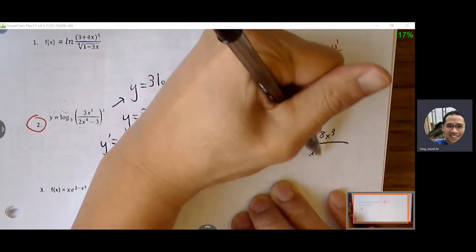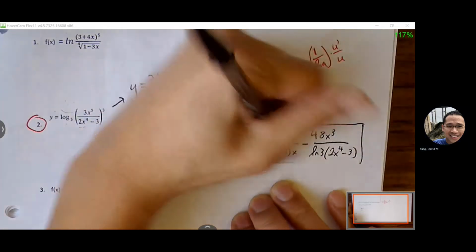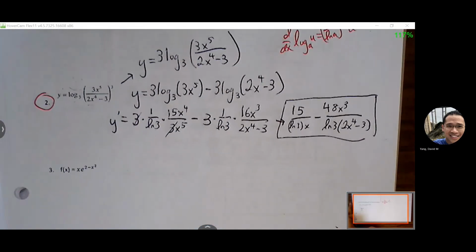If you're not combining the way I'm combining, that's okay. You don't have to. I just want to clean up as much as I can.